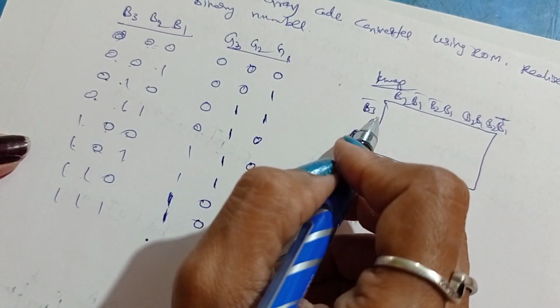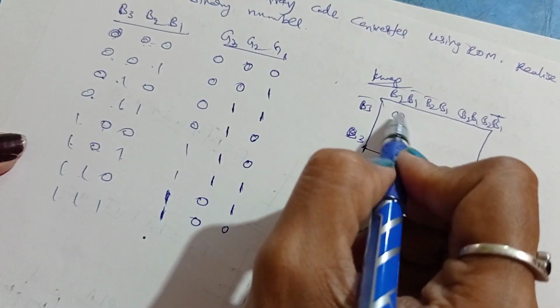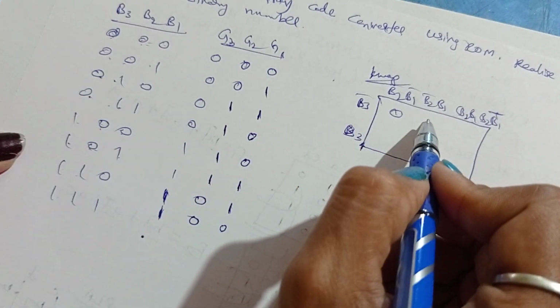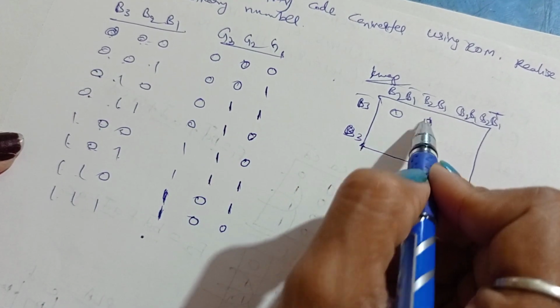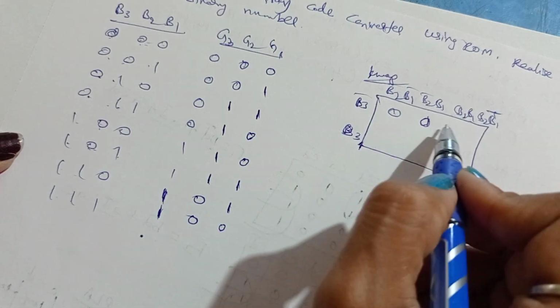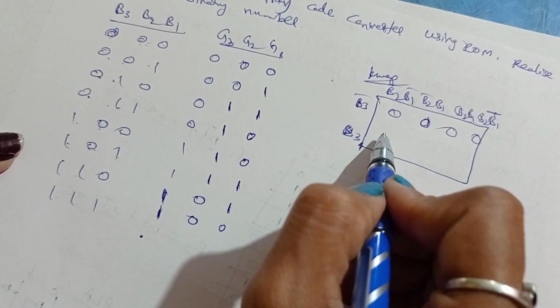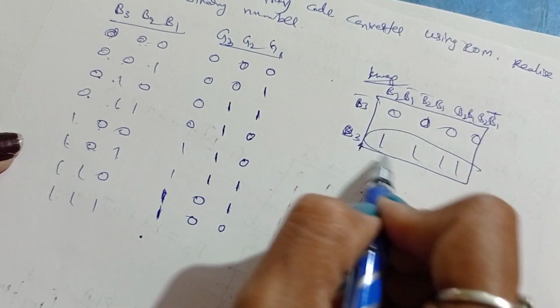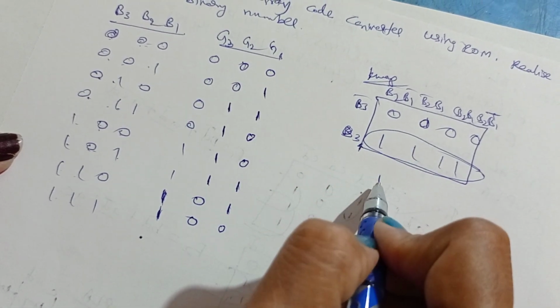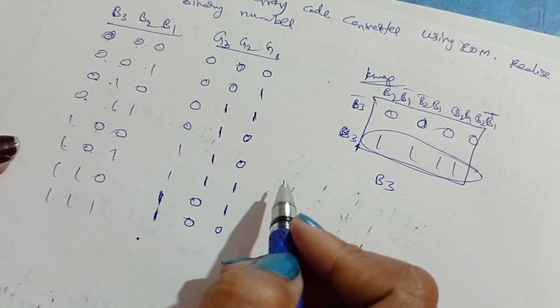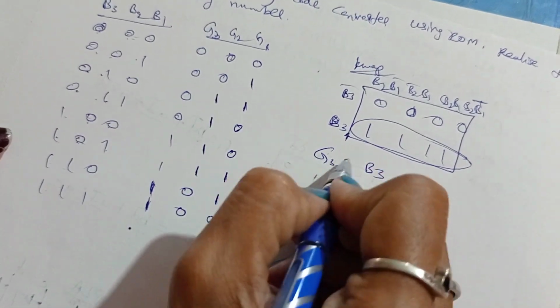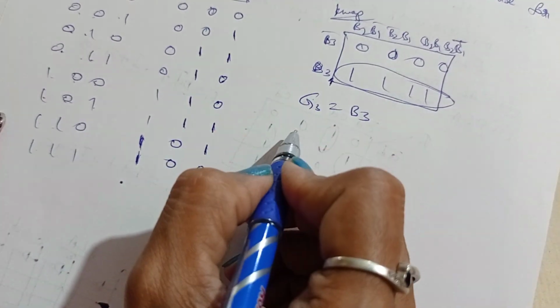Now all zeros, 0, 0, 1, 0, 0, 1, 0, 0, 1, 0, 0, 0, 1, 1, 1, 1. So from this we'll get B3. G3 becomes B3. Next, for G2.